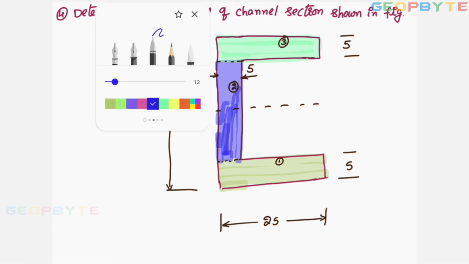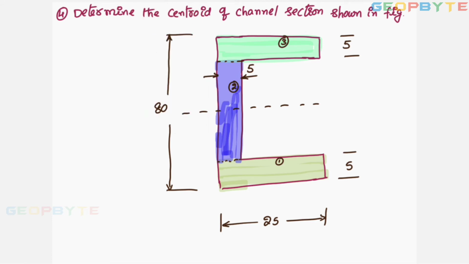Let us mark the b1 for this section is 25, maybe mm. d1 for section 1 is 5.